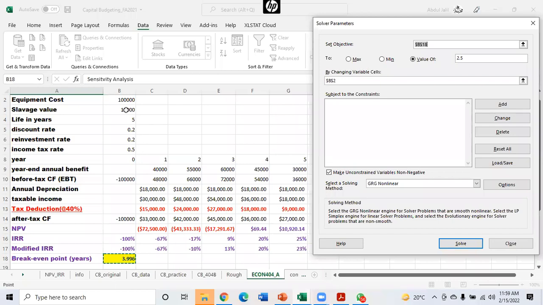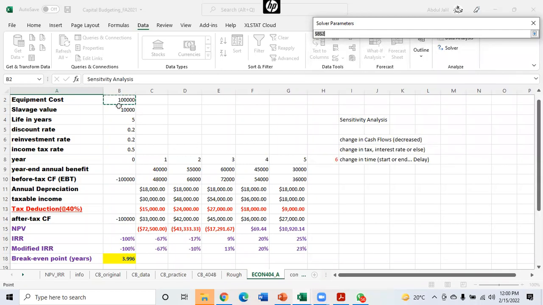Let's suppose you want to know, for the salvage value, how much change in depreciation is needed, whether you want to change depreciation or you want to get some outcome and a change in NPV or break-even point or something else. Let's suppose we want to get our payback up to 2.5 time period, and we want to change with reference to depreciation instead of equipment cost.